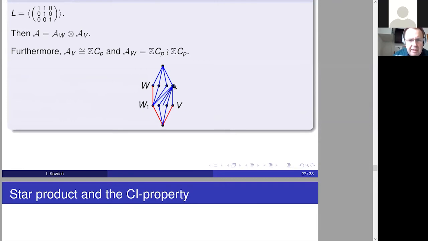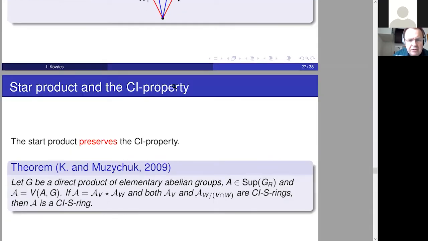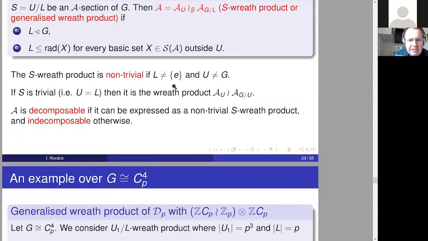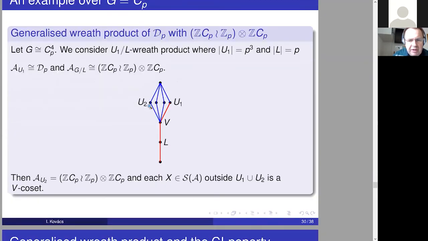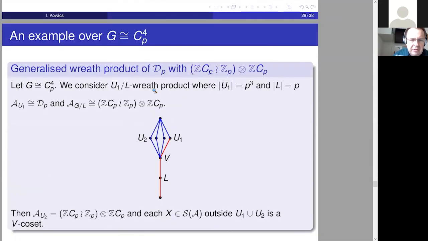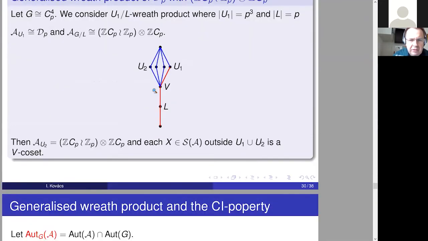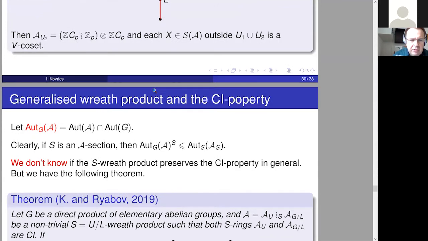So this has a subgroup of order p squared, the basic sets singletons, and this is the quotient, and if we lift this up, we get this group U2 here. So U1 is this one, and this U2 is very important because it will be very important later. And it also follows that any basic set outside U1 and U2 is just a union of cosets. So this is a generalized wreath product. It's not an easy example, but this was very important in our proof. That's why I wanted to show you this.